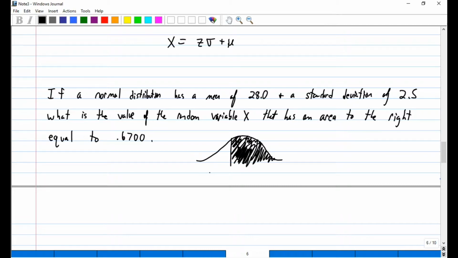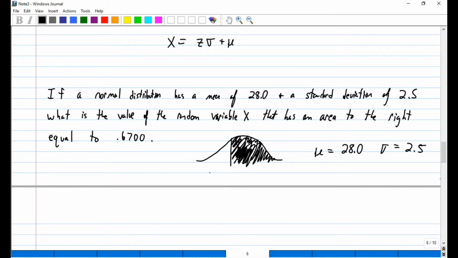For us to solve for x, we need three things: a z-score, a standard deviation, and a mean. This problem gave us that the mean was equal to 28.0 and the standard deviation was equal to 2.5.